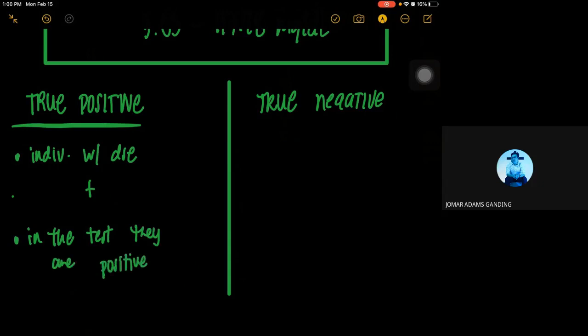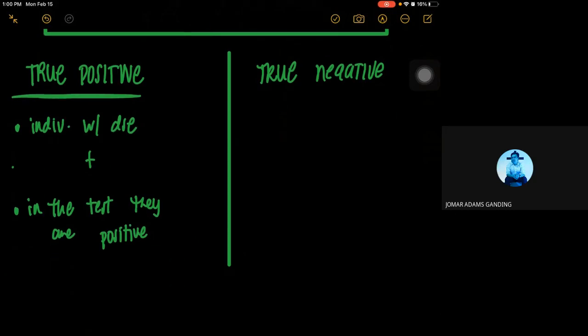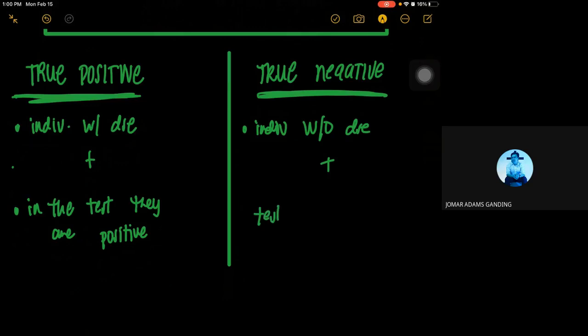They have the disease and the test was correct in identifying that they have the disease. What about true negative? These are individuals without the disease, and the test tested negative.